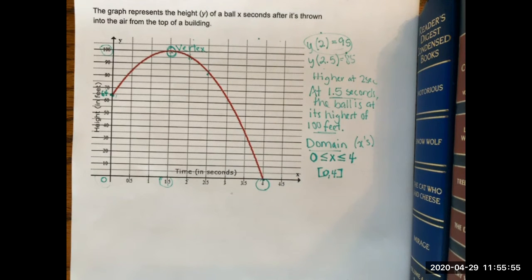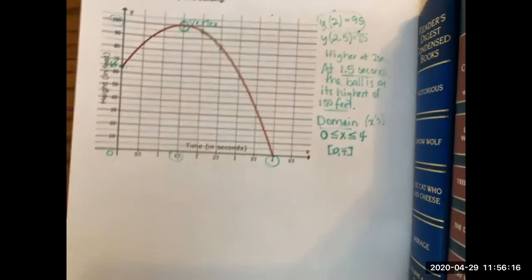All right. So the last thing they ask us to do is take a look at some equations and see which one is going to work for this picture, and if it doesn't work, why not? What is it that's wrong with the equation that would make it not work?